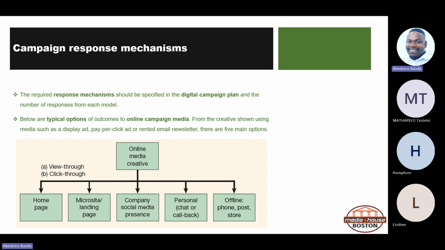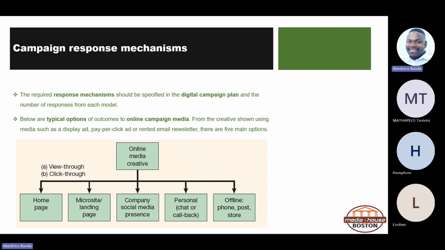From the creative shown using media such as display adverts, pay per click, or rented email newsletter, there are 5 main options. You can have your home page, a specific landing page, a company social media presence, a personal chat or callback, and an offline post or store.